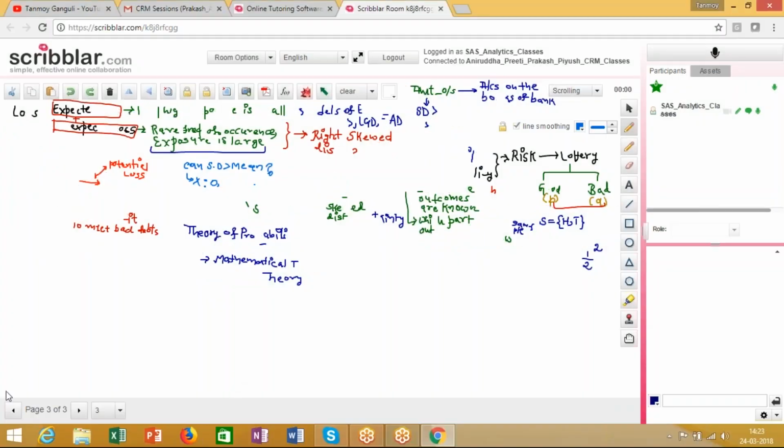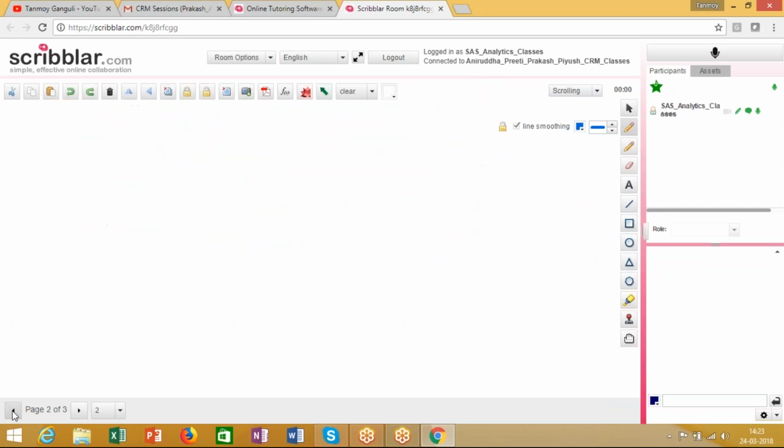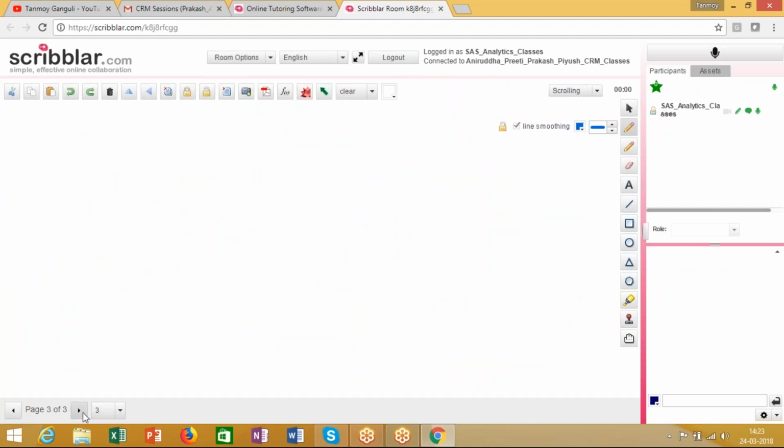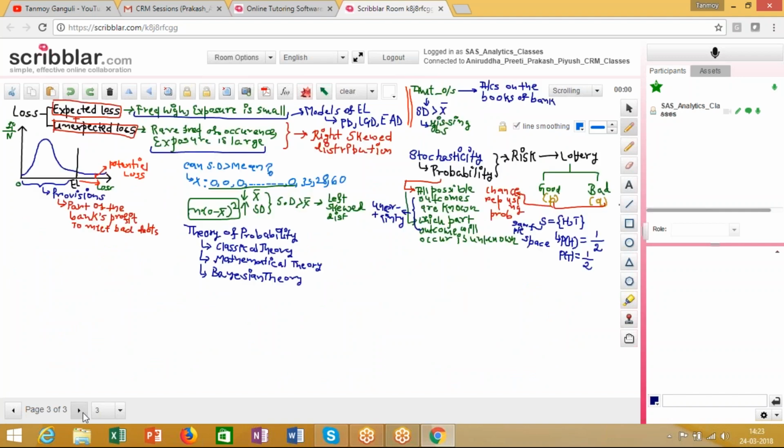Okay, so in today's discussion, we will start off with probability theory. So far, we have gone through the basics of credit risk modeling. We started with an overview of the domain. From there, we talked about the different descriptive measures of statistics, the measures of dispersion, and finally the measures of asymmetry as well.